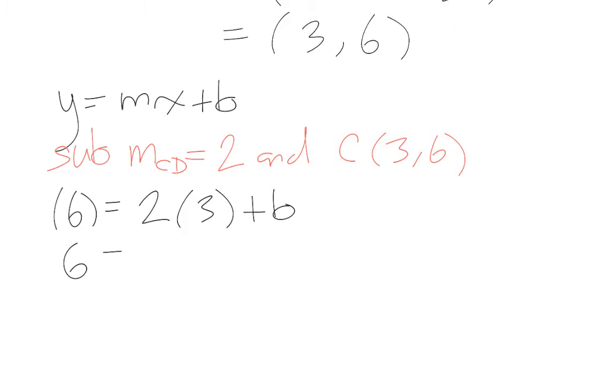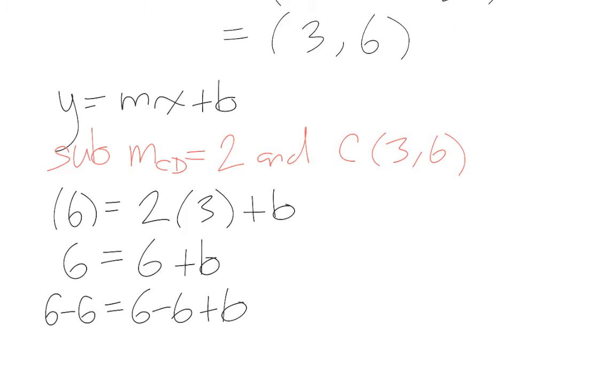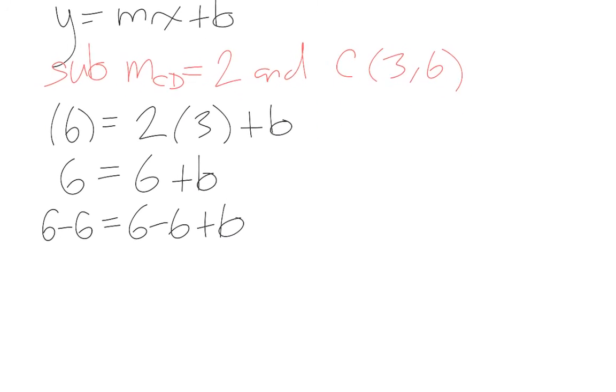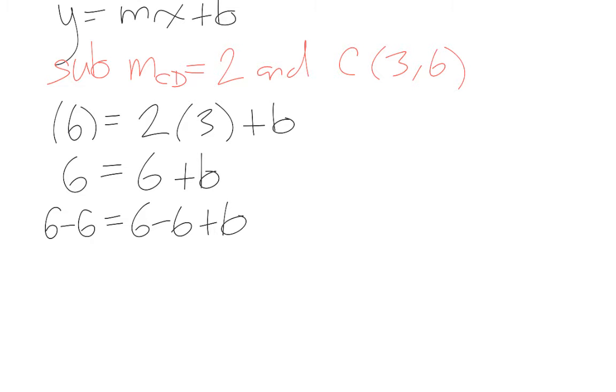At this point, it's just a matter of simplifying and isolating b. To get rid of the 6, you have to subtract 6 from both sides. A lot of you can do this in your head. So that just becomes 0.